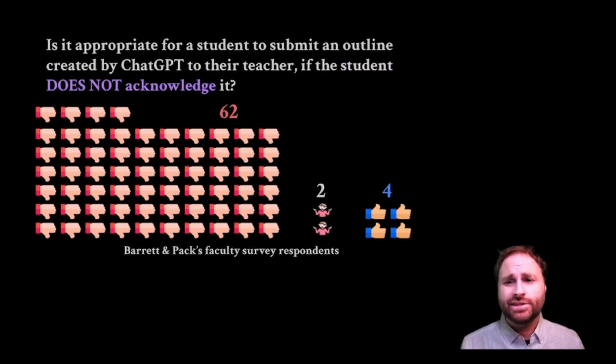And there's a clear consensus among the teachers who took this survey that it's not appropriate for the student to hand in an outline written by ChatGPT if they don't acknowledge their use of artificial intelligence. So again, it can be very important that you disclose your use of these tools if you don't wish to cross an ethical line with your teachers.